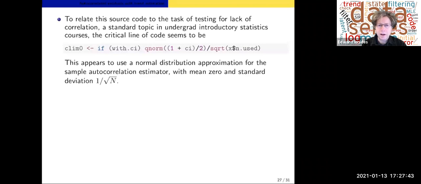It's basically comparing the value of the estimated correlation with 1 over square root n, and then it's making a normal test.